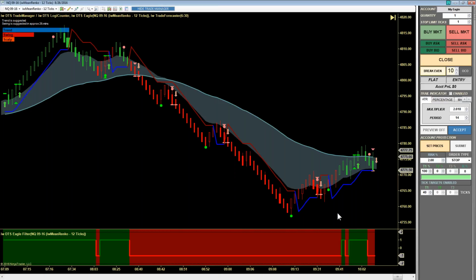In those situations where you feel that maybe there's strong support nearby and perhaps you'd like to manage your trade or perhaps even take your profit before you encounter that support, in those instances, take your signal on the hash mark where it occurs.